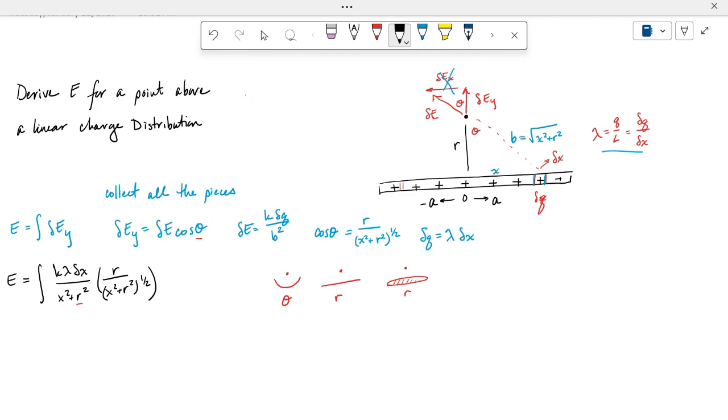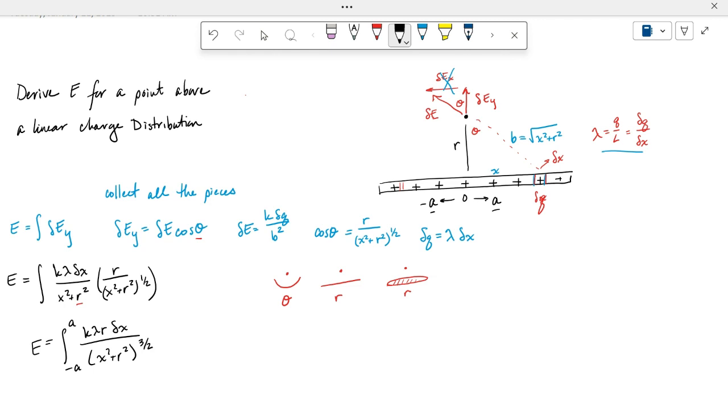All right. So speaking of the calculus, when we go to combine all this stuff, we get E is equal to the integral, and we'd integrate from a to negative a, because that's what we defined, of k lambda r dx over x squared plus r squared to the 3/2.